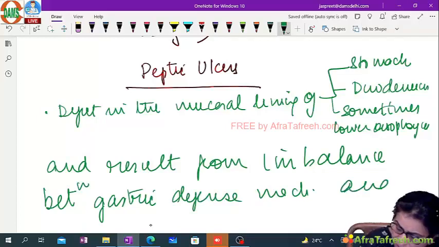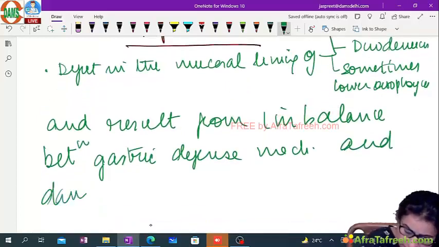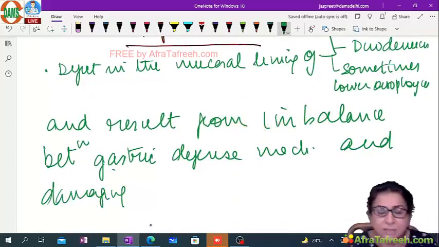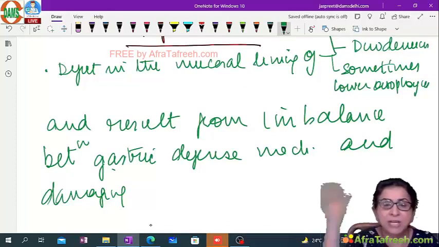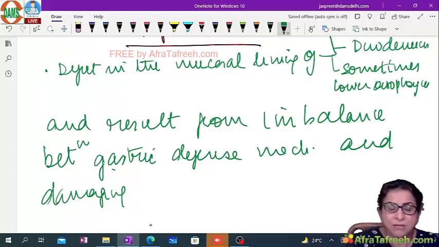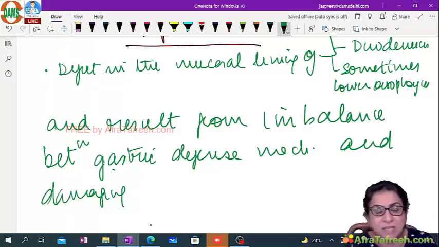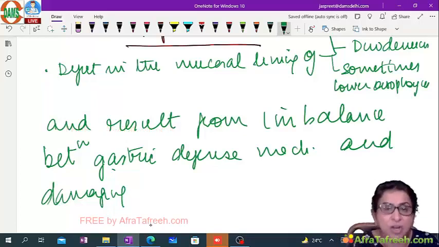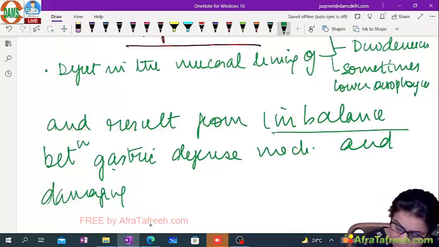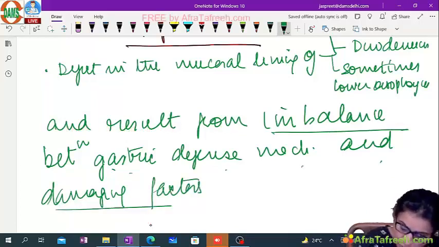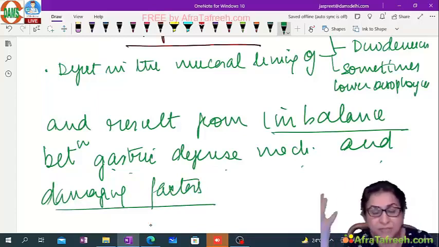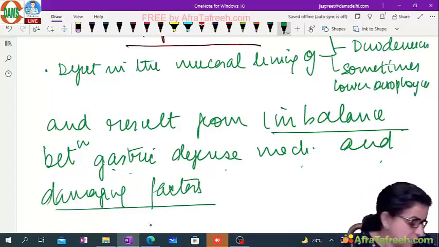We already saw in the picture that the damaging factors were NSAIDs, H. pylori, alcohol, gastroduodenal reflux. And gastric defense mechanisms get impaired in case of ischemia and shock. So if damaging factors become more and the defense mechanisms become weak, ulcers will occur.